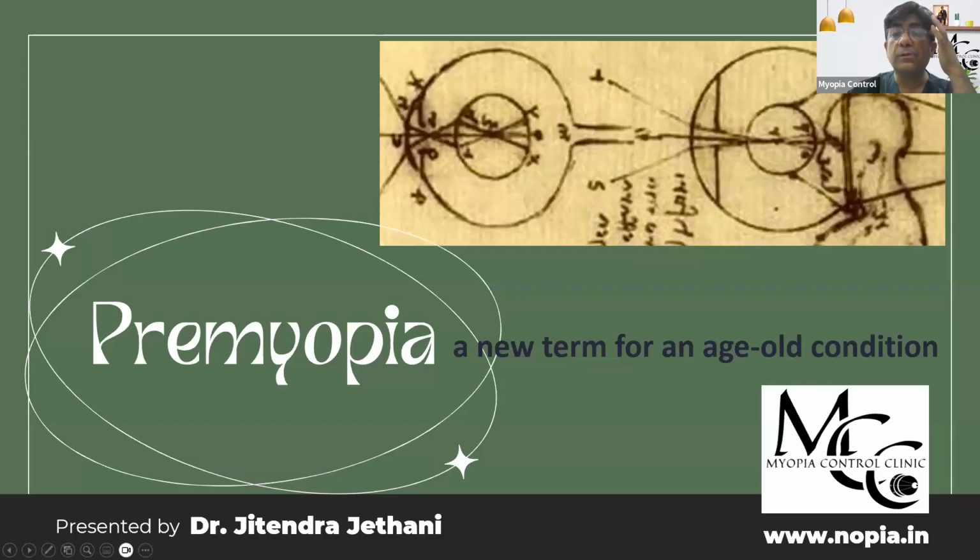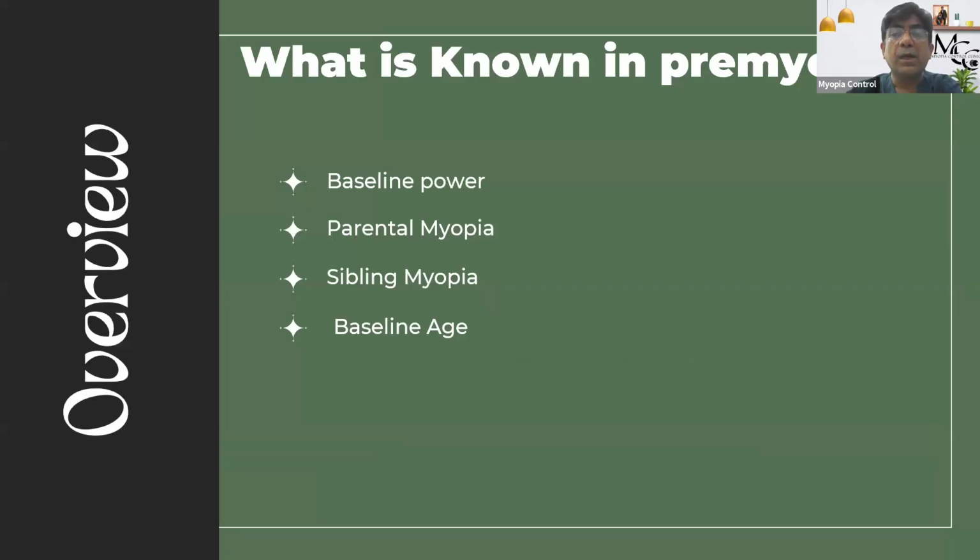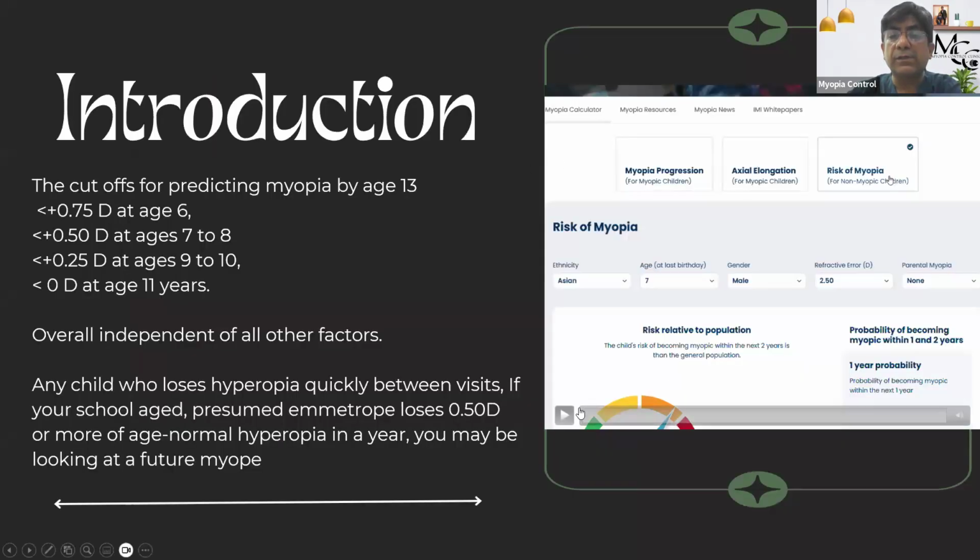I'm just trying to share the slides so that it becomes easy if anybody has any questions. So this was the presentation, and this was what I was talking about, the range of premyopia. And this was the calculator which I was talking about. The question was, what was the age?